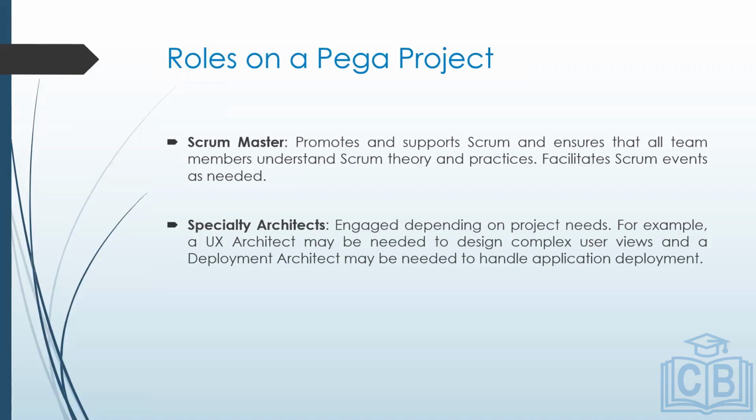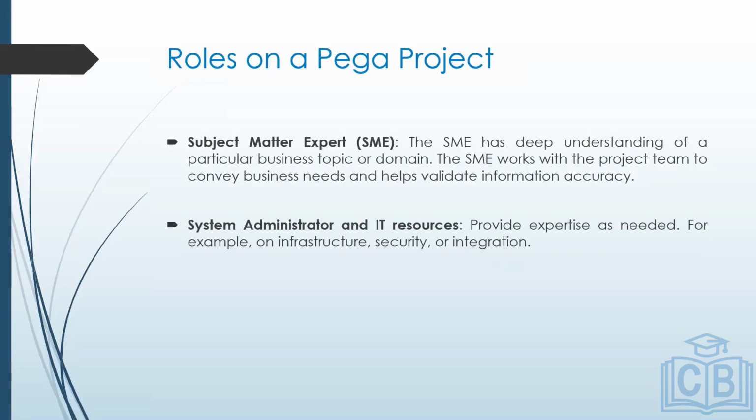You sometimes need a specialty architect also, depending upon your project requirement, if it's a very big project. People who have expertise in the domain or in the technology are always required when you are building an application from scratch. They always help with their inputs and suggestions.